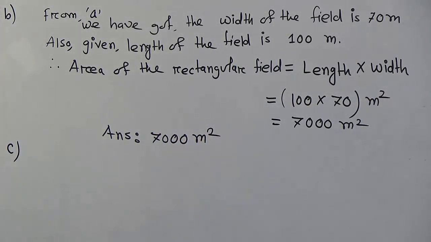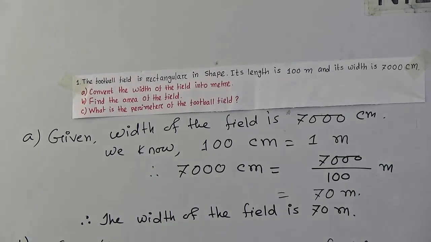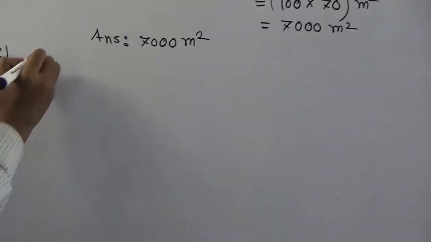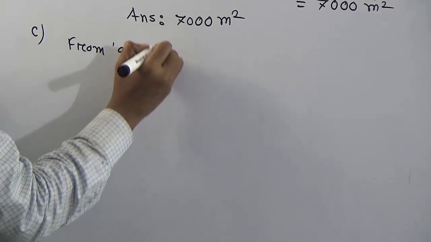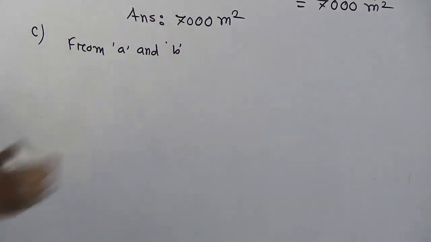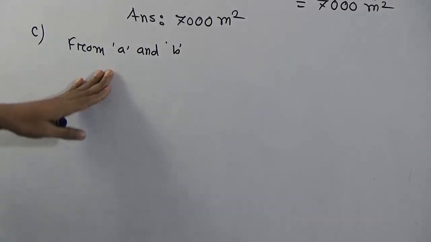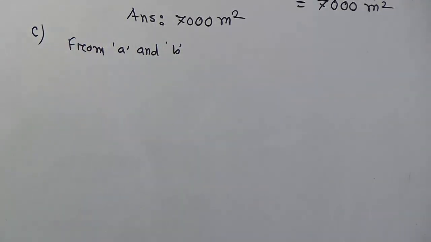C number, what is the perimeter of the football field? Right, from A and B. From A we have got the width is 70 meters.